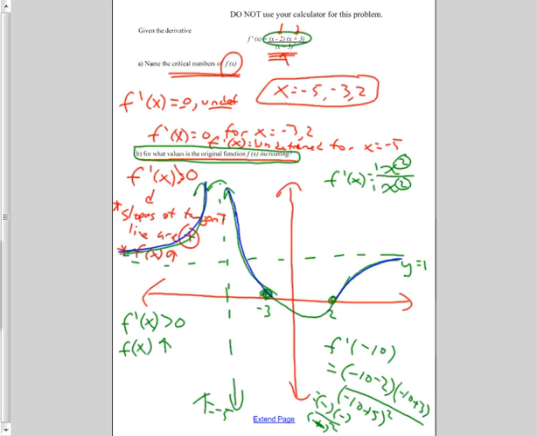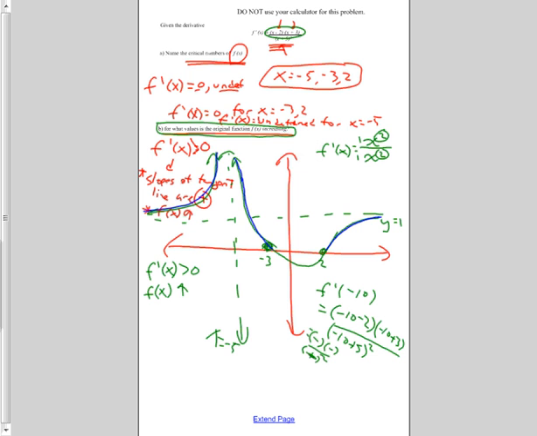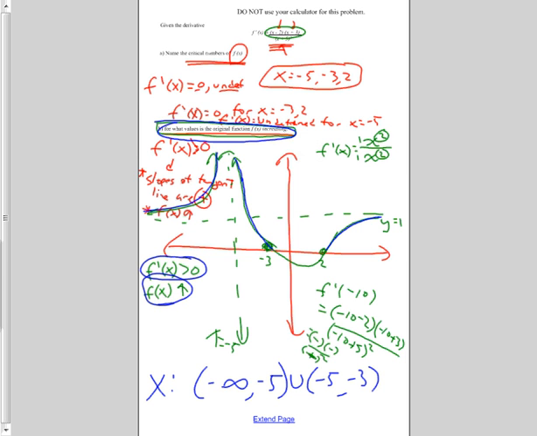So for my function to be increasing, my derivative must be greater than 0. That happens for x being from negative infinity up to negative 5, from negative 5 to negative 3, and from 2 to infinity.